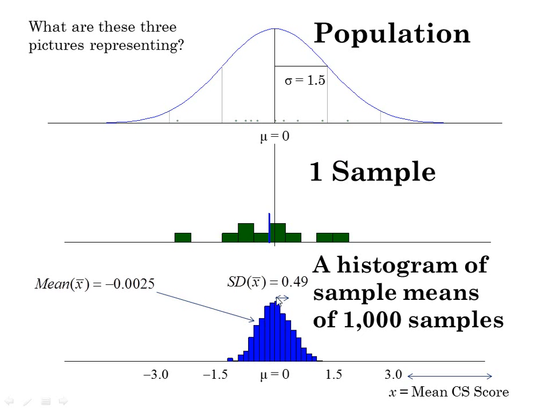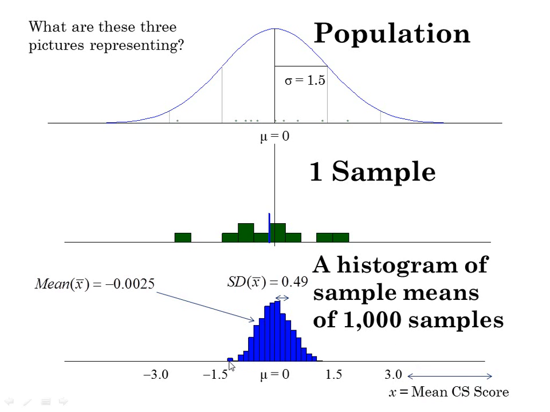The standard deviation here is about 0.49. So of my sample means, from samples of size 10, there were 1,000 of them, the average value was negative 0.0025, and they varied plus or minus 0.49, essentially 0.5, in the same units as this score.